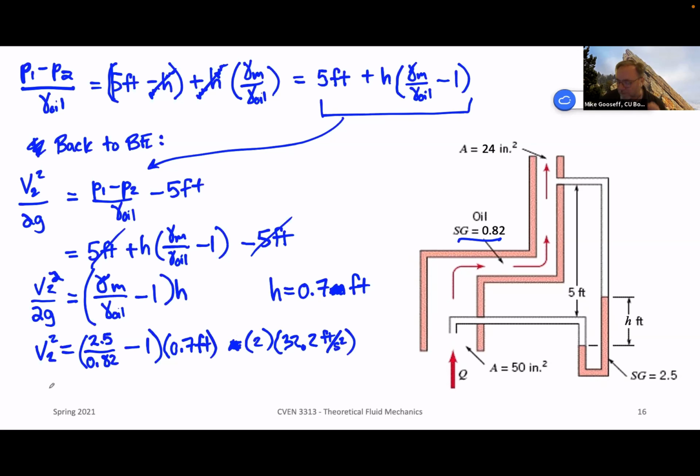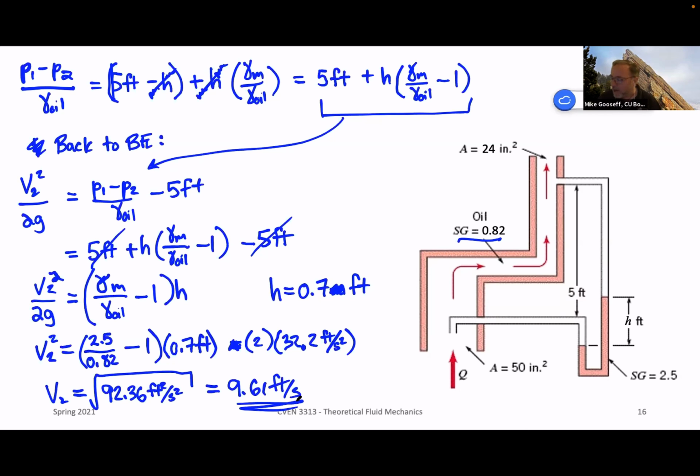So V2 comes out to be the square root of 92.36 feet squared per second squared, which comes out to be 9.61 feet per second. Okay? We still haven't figured out Q, but now we have a velocity. We have the velocity at 2.